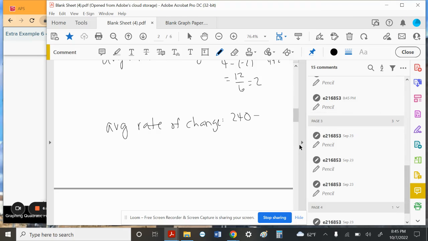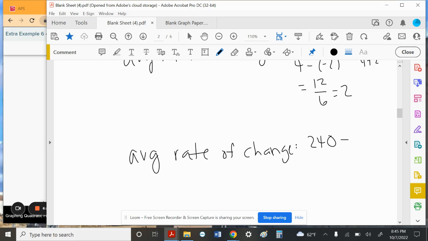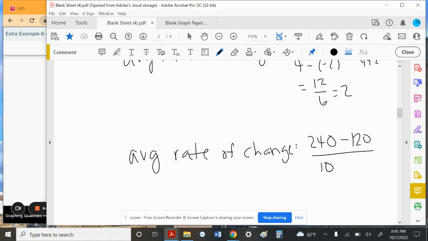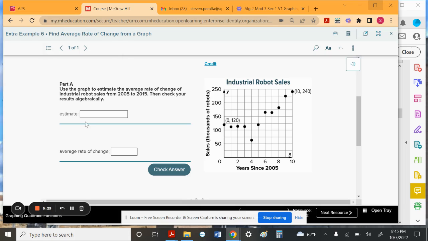And then I'm going to look at the difference in the years, of course, 10 minus 0. So I get 120 over 10, which equals 12.